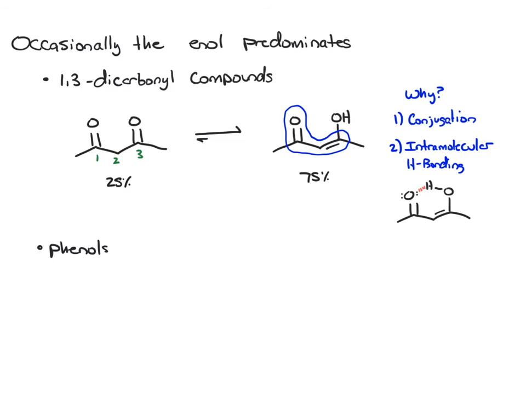It's mainly this here. The other case is one that you've seen quite a bit and maybe haven't thought about, and that's phenols. If you look at a phenol, what we actually have in the structure is an enol. And you can draw the keto tautomer for this. I'm going to draw a short arrow to the right.